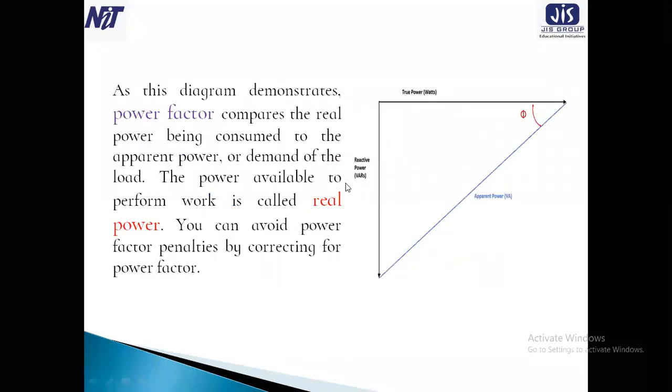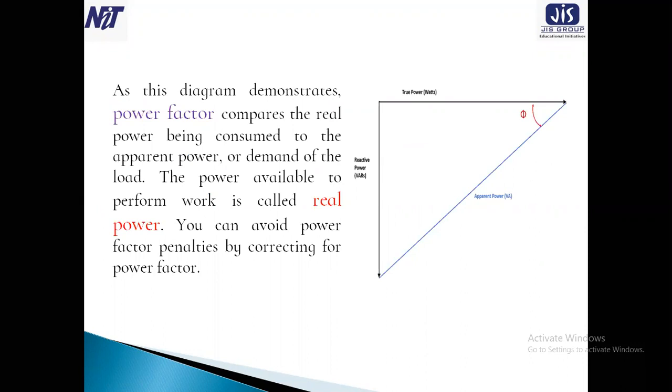Now, with the help of the diagram demonstration, power factor compares the real power being consumed to the apparent power or demand of the load. The power available to perform work is called real power. You can avoid power factor penalties by correcting the power factor.